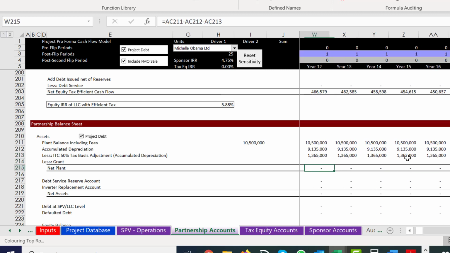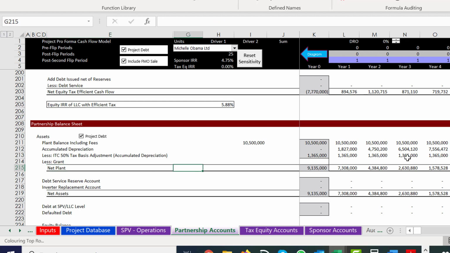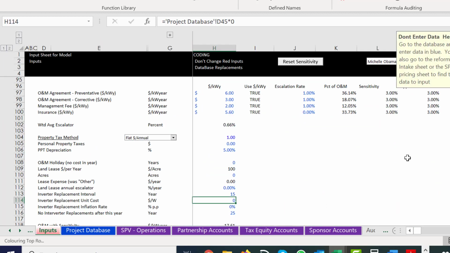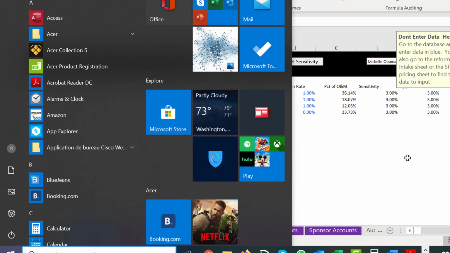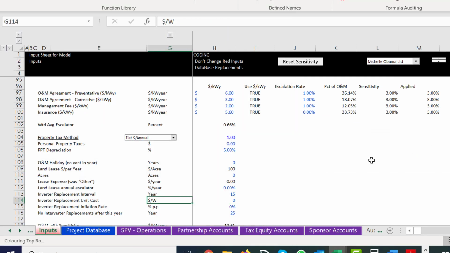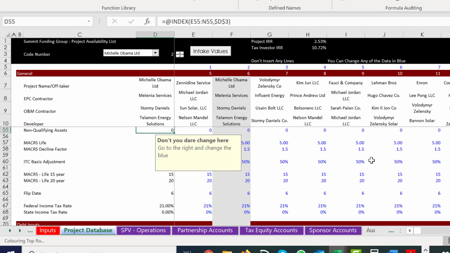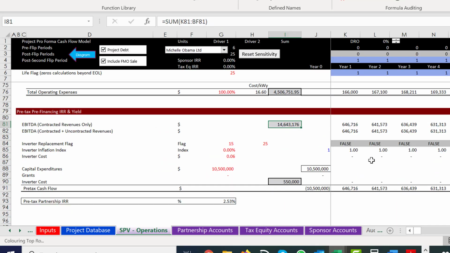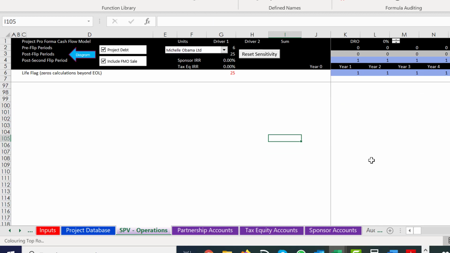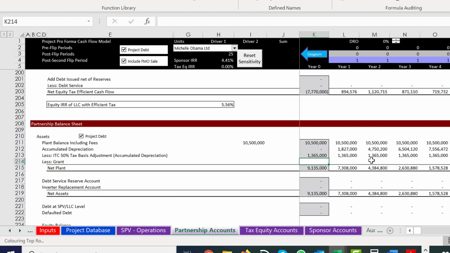So the net plant, I was all wrong. The net plant does go to zero. Now I was all worried about, and I have to change this back, the inverter cost. Oops. And I put a little multiply by zero there. When we have the inverter cost in there, let me just make sure it does, and then I'll cry if it doesn't.